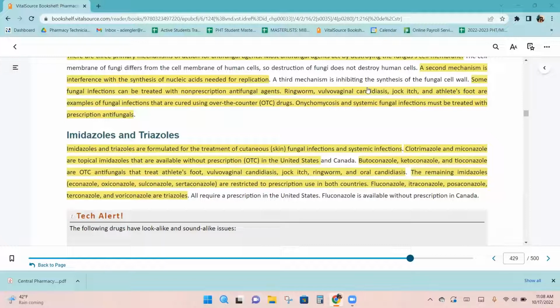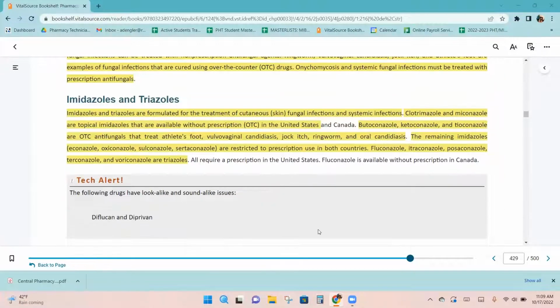Clotrimazole and miconazole are topical imidazoles that are available without prescription in the United States. Fluconazole, ketoconazole, and tioconazole are OTC antifungals that treat athlete's foot, vulvovaginal candidiasis, jock itch, ringworm, and oral candidiasis. The remaining imidazoles, econazole, oxyconazole, sulconazole, and sertaconazole are restricted to prescription use.